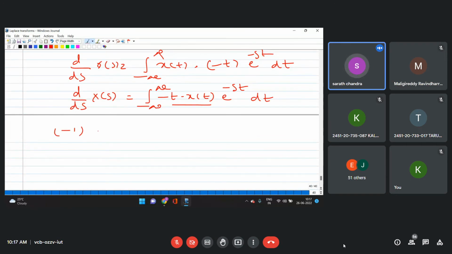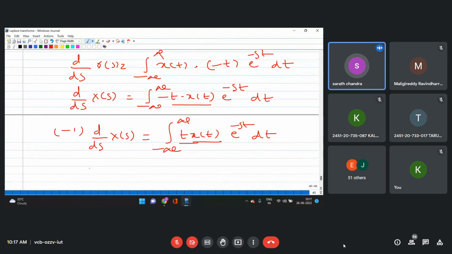So minus 1 d by ds of x of s equals what? Let each and every step, don't confuse. So t into x of t e power minus st dt, right? If I have only x of t as input, I'll get x of t here. Now what is the input I'm considering here? T into x of t, right? So what is this? T into x of t.